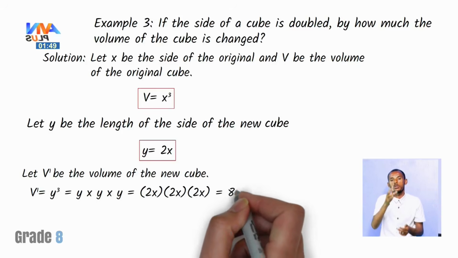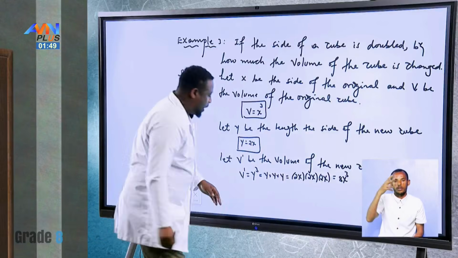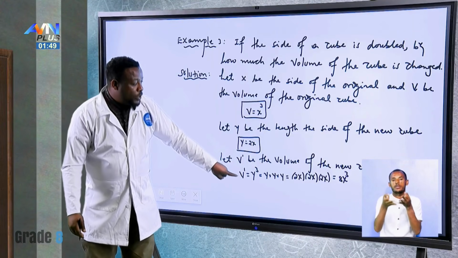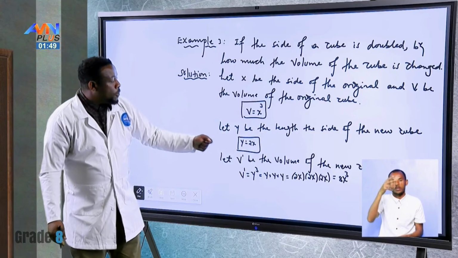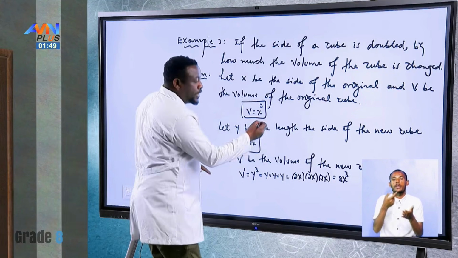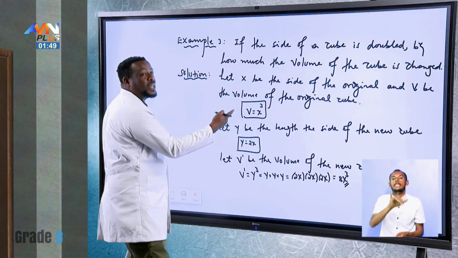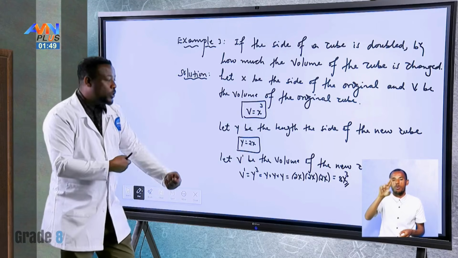And x times x times x becomes x cubed, okay? Now we are able to express the new volume in terms of x cubed. This x cubed is the same as capital V, the volume of the original cube.